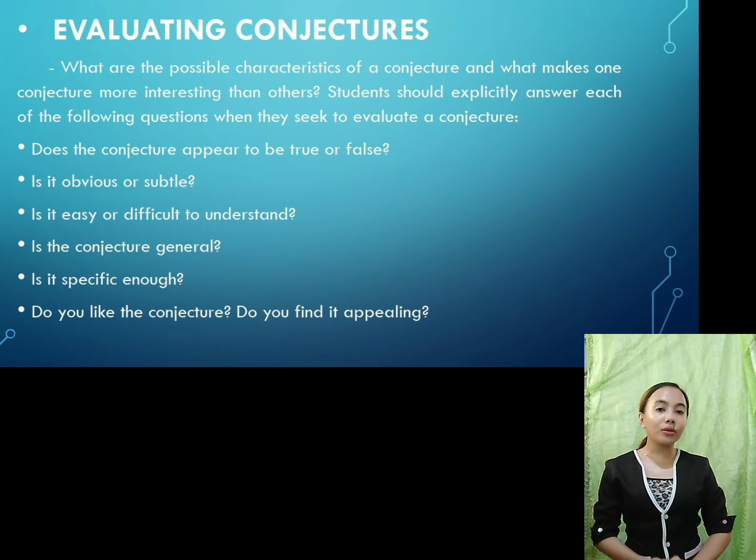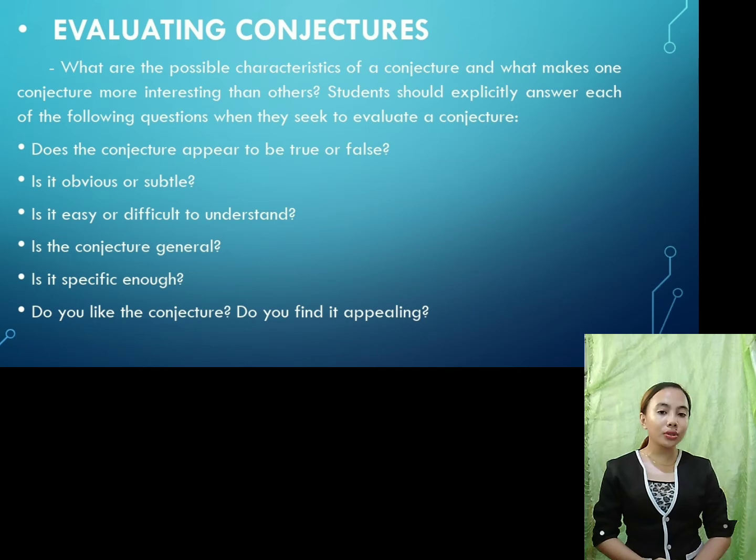Second is evaluating conjectures. In these conjectures, we know the possible characteristics of a conjecture and what makes one conjecture more interesting than others. Students should explicitly answer each of the following questions when they seek to evaluate a conjecture. First, does the conjecture appear to be true or false?